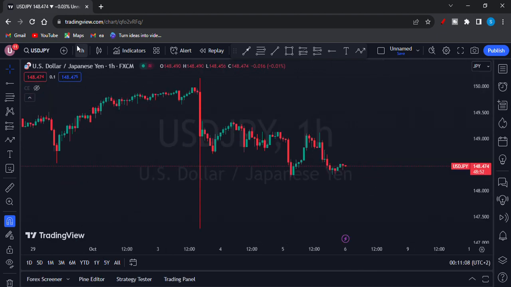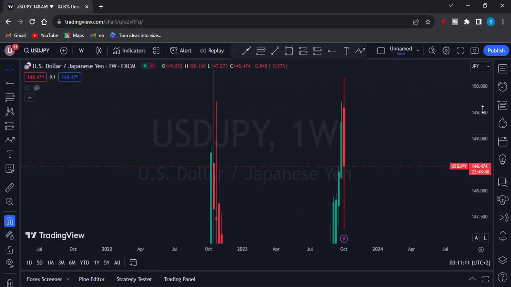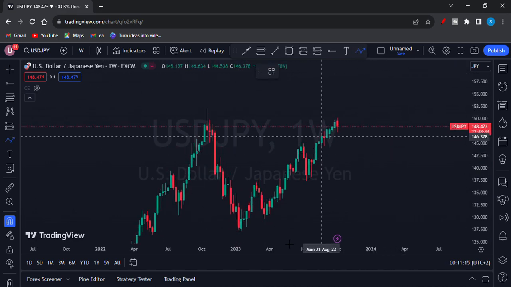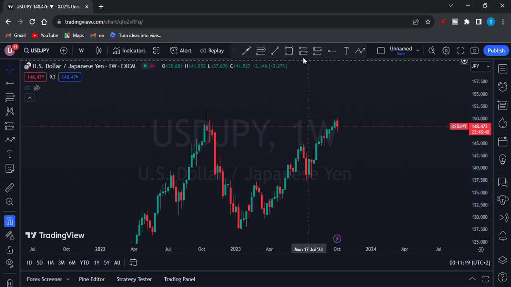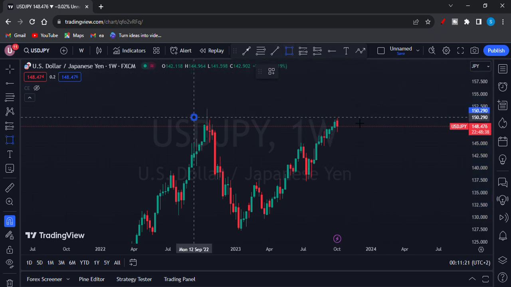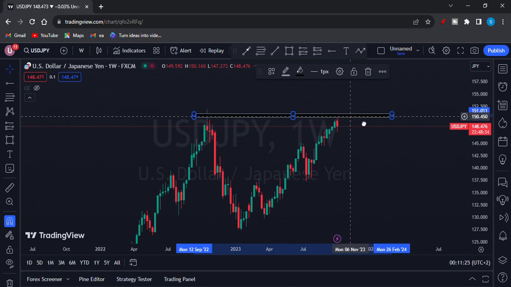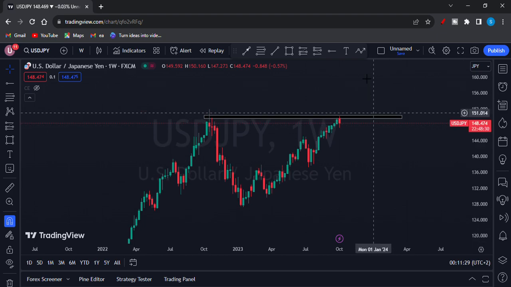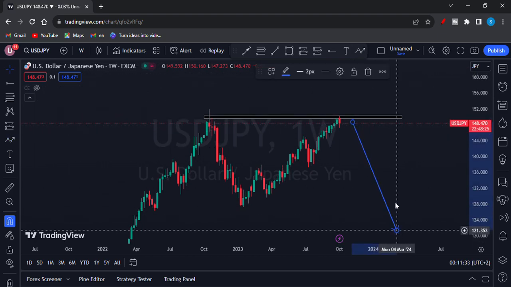USDJPY. And then on a weekly, so on a weekly we are on an uptrend, and then like it seems like we reached our ceiling right here. Seems like we reached our ceiling. Maybe it's possible that we can have like a continuous trend to the downside.